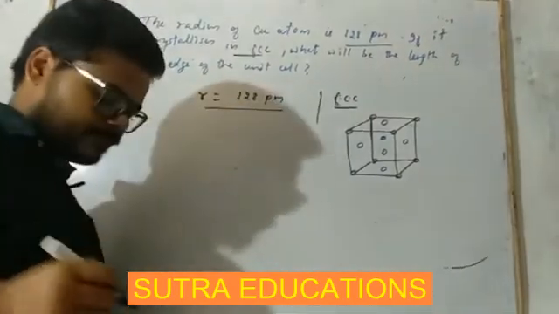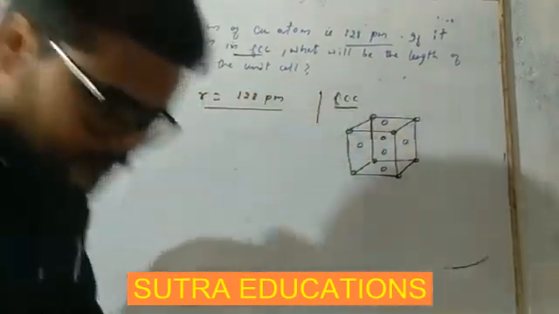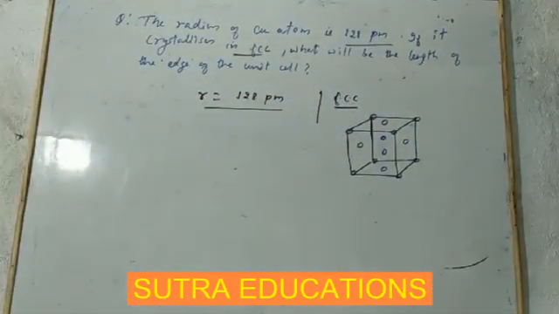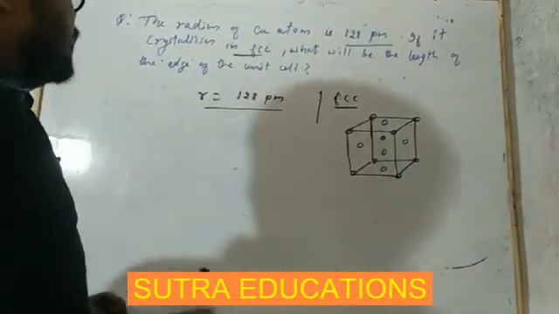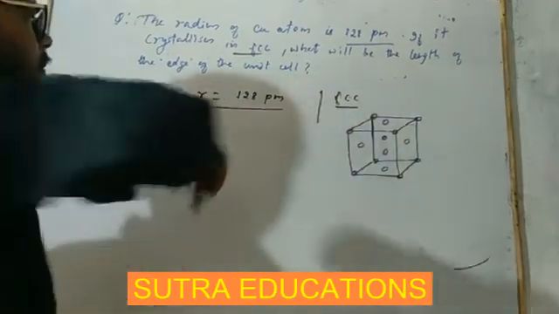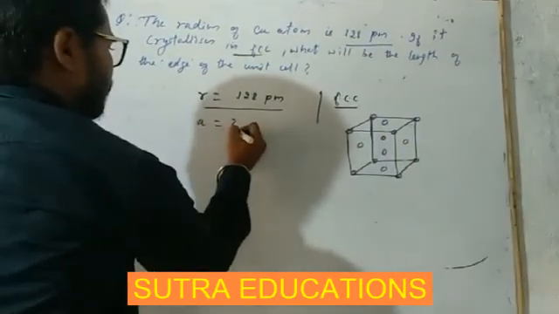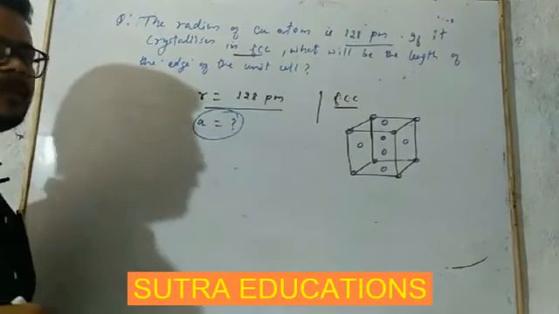Okay. So this is FCC. Now what will be the length of the edge of the unit cell? Means we have to answer the value of A.